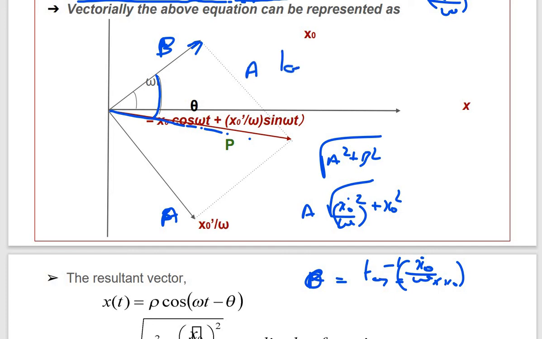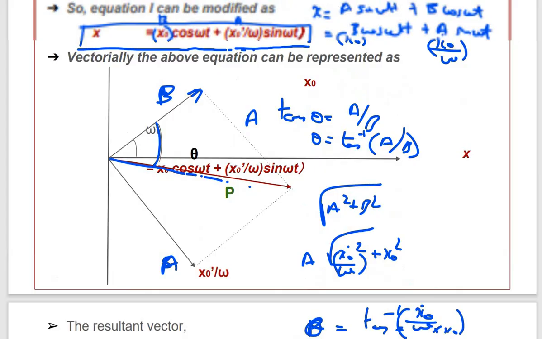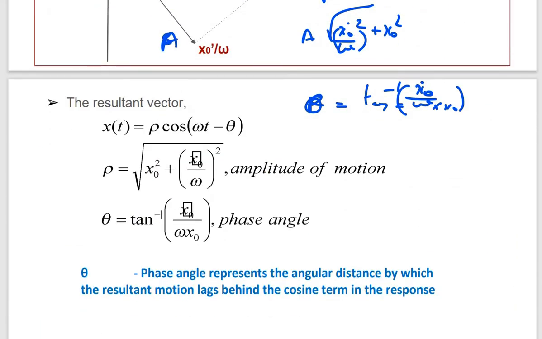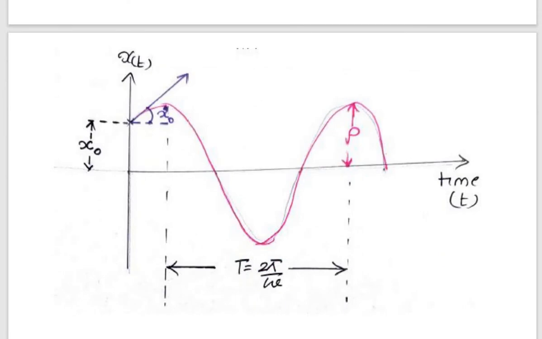So here I can write tan theta is equal to a by b, or theta is equal to tan inverse a by b, where a is x dot by omega and b is equal to x0.